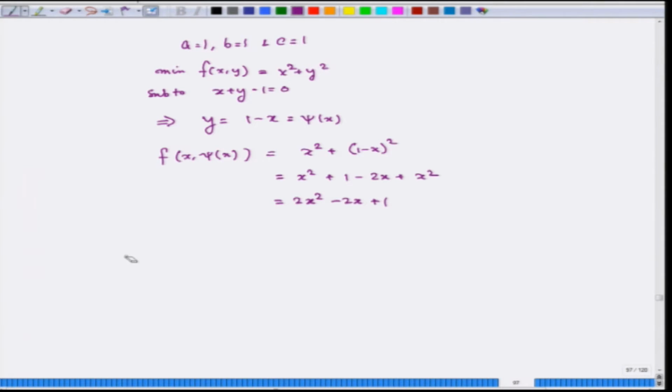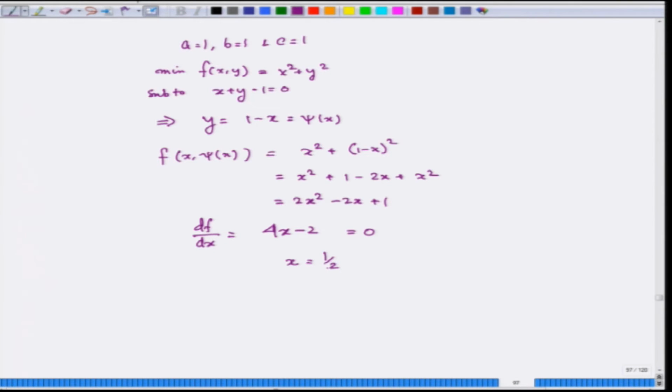Basically now I have a single function of one real variable. Here you have to find df/dx of this, which is 4x minus 2. Put this equal to 0 and find x equal to half.